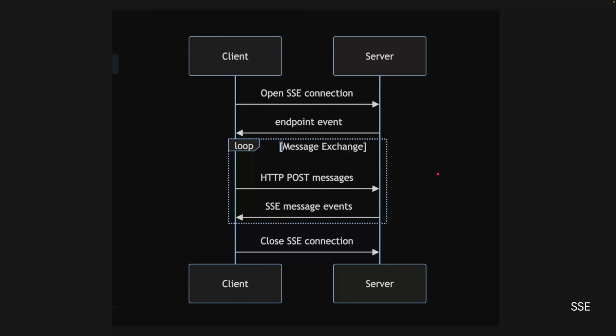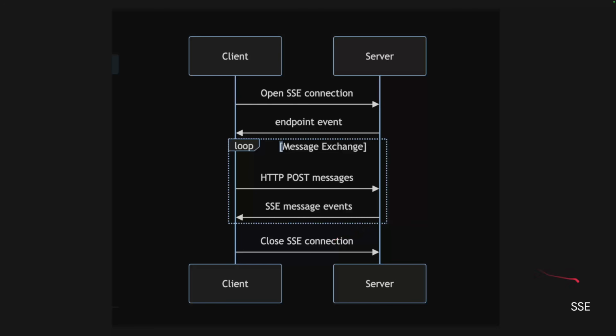Then with SSE, you have a client and the server is on a remote machine. They will start a connection, exchange messages using HTTP POST, and the SSE will have message events, and then they will close the connection.